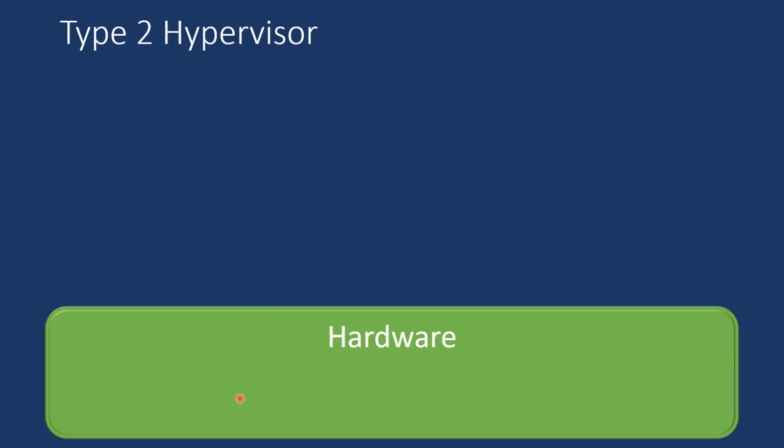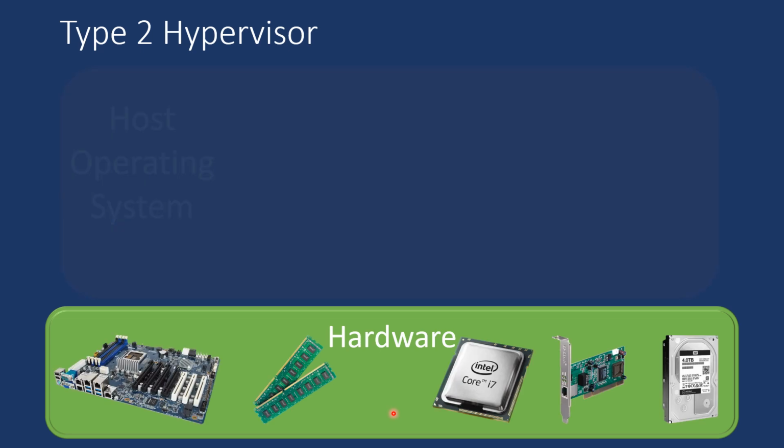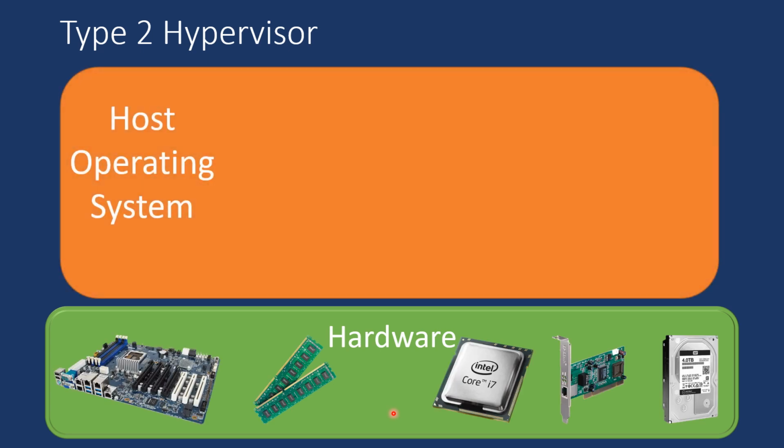So in type 2 hypervisor, I have to have a physical computer, the hardware, of course. And on top of the hardware, as you remember from the beginning of this video where we talked about the three components, you have to install the host operating system as usual.